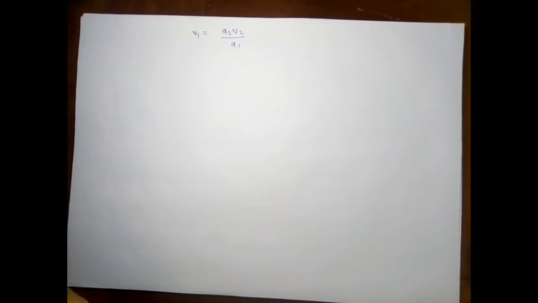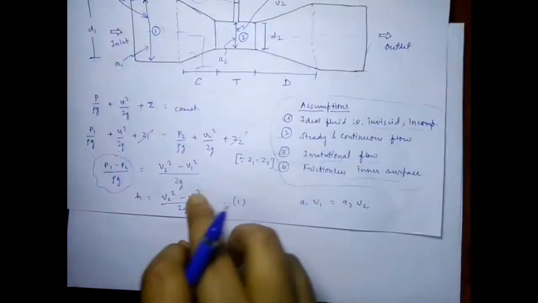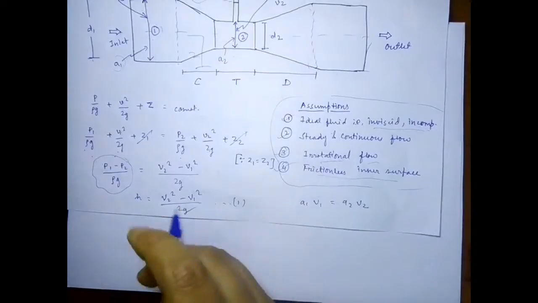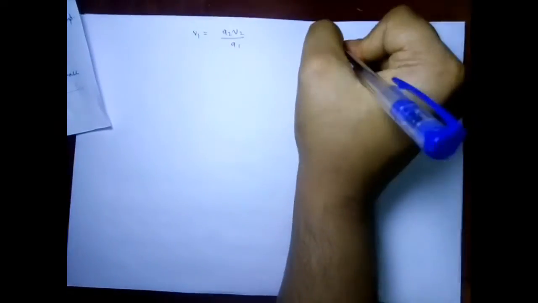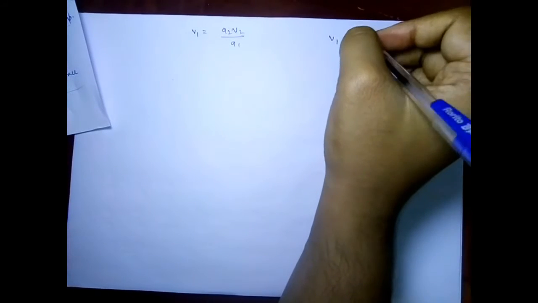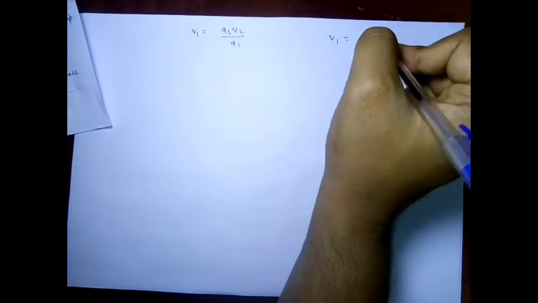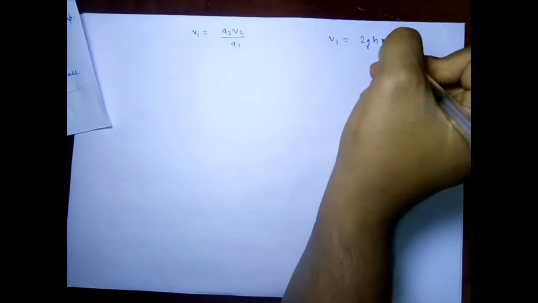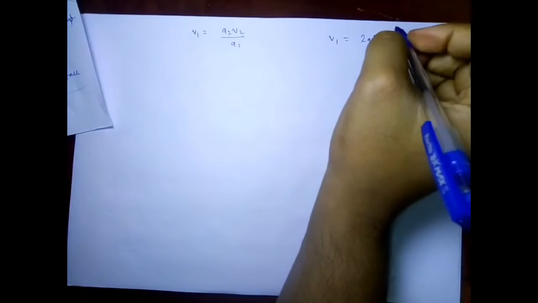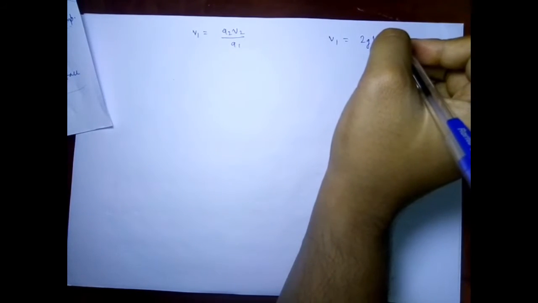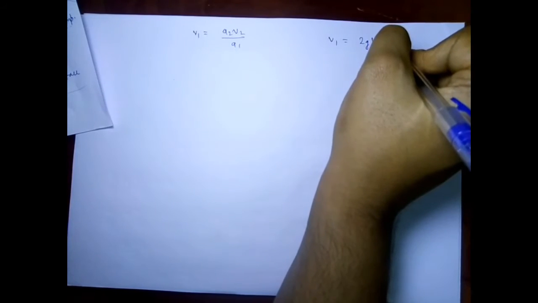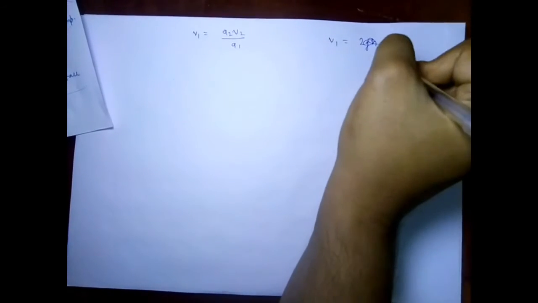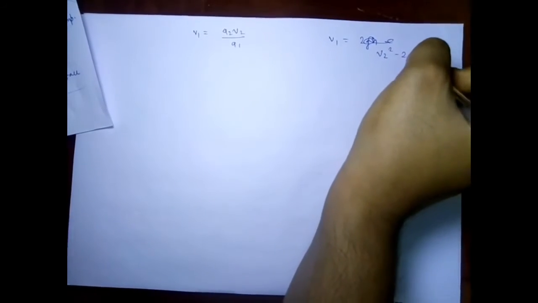We will use this equation to write that, putting this value, like this is V1, let's get V1 from here. So I will get V1 equal to square root of V2 square minus 2GH.